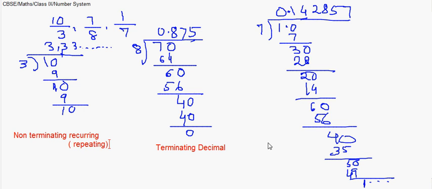This one is also non-terminating repeating, but both have a different type of repetition. Here only 3 gets repeated. Here this whole set of 6 digits get repeated.